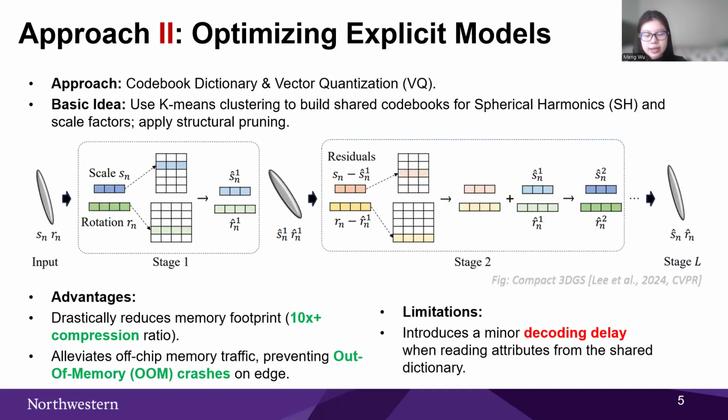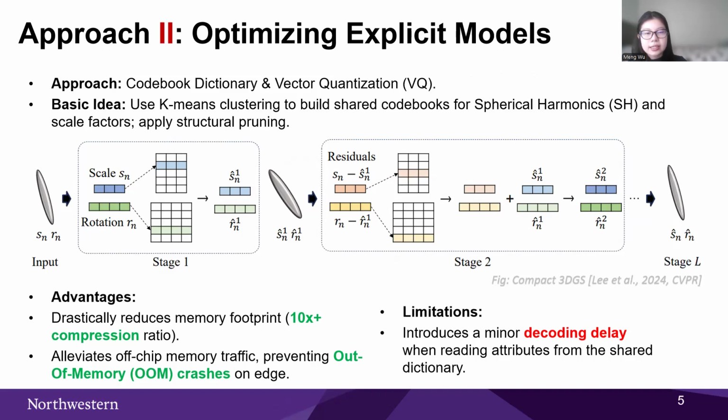Conversely, to compress explicit models like 3D-GS, we must tackle spatial redundancy and reduce the precision bit width. A typical approach is utilizing codebook dictionaries and vector quantization. A prime example is Compact 3D-GS, proposed by Li et al. at CVPR 2024.